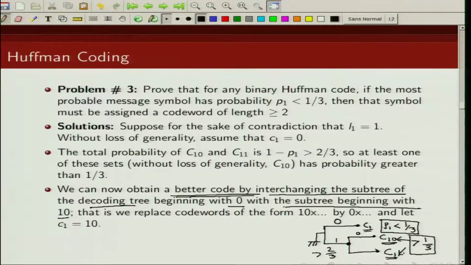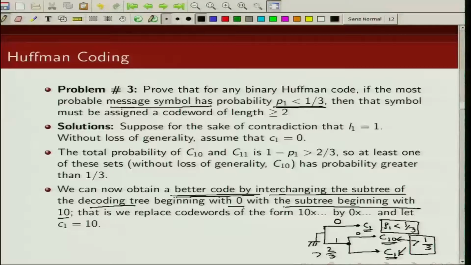So what we have shown then is that this message symbol, the most probable message symbol, cannot be assigned a code word of length 1, because we just saw that in that situation we can actually get a better code by interchanging C1 with either C10 or C11.